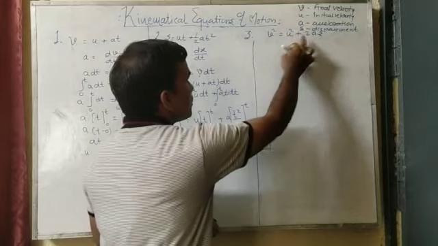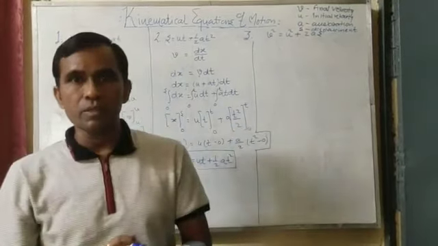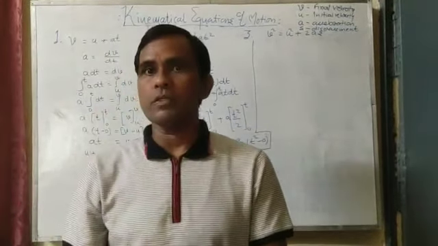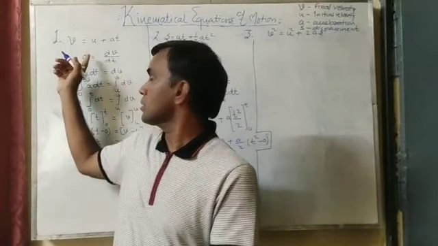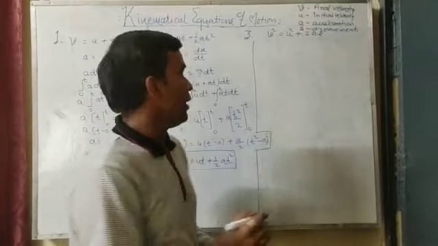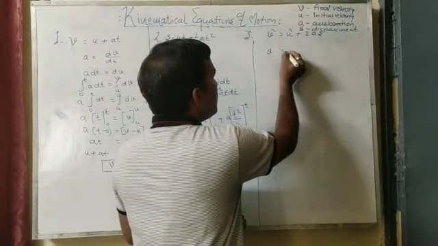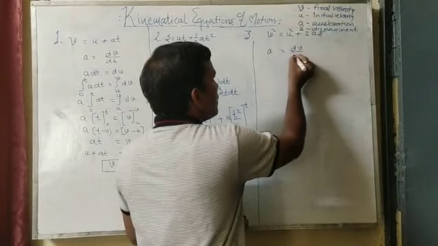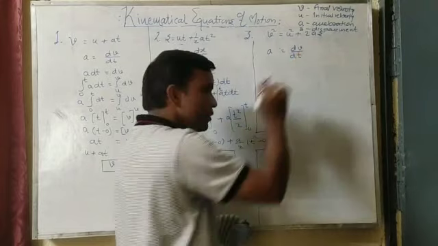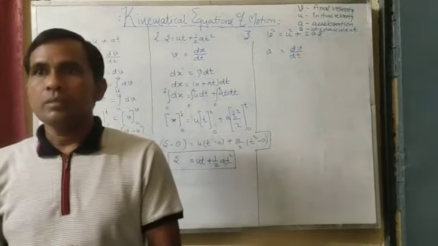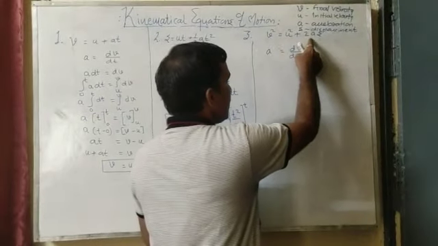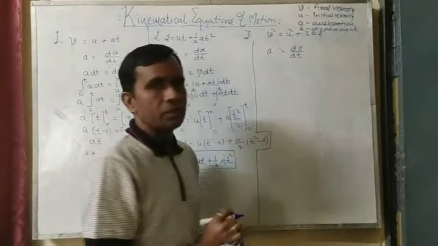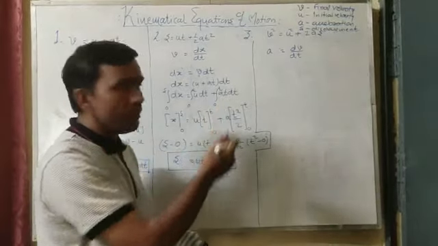v square is equal to u square plus twice as is the third equation. To prove this equation, once again we'll use the same formula which we used in the first equation, a is equal to dv by dt. But here we'll do some modification to this equation because we want the equation in v, u, a and s. Accordingly we rearrange the terms.